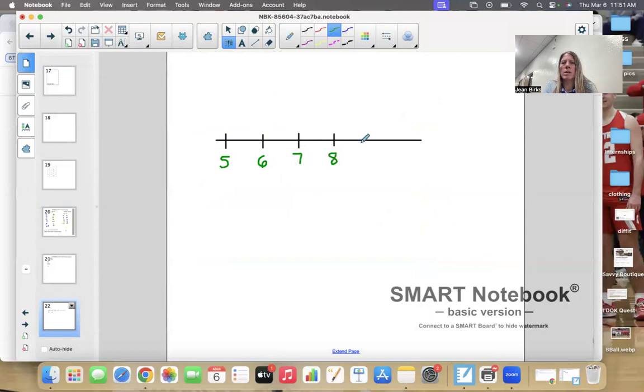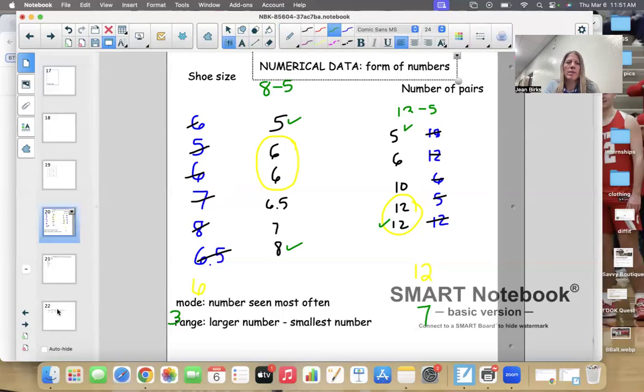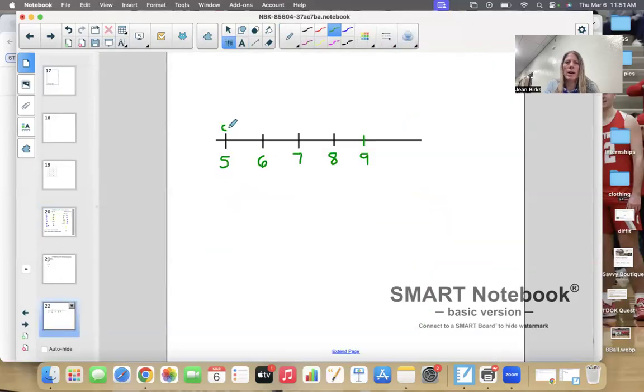I'm going to just put a 9 just because. Okay. So my shoe sizes were somewhere in this span of numbers. I had 5, 6, 6, 6.5, 7, and 8.